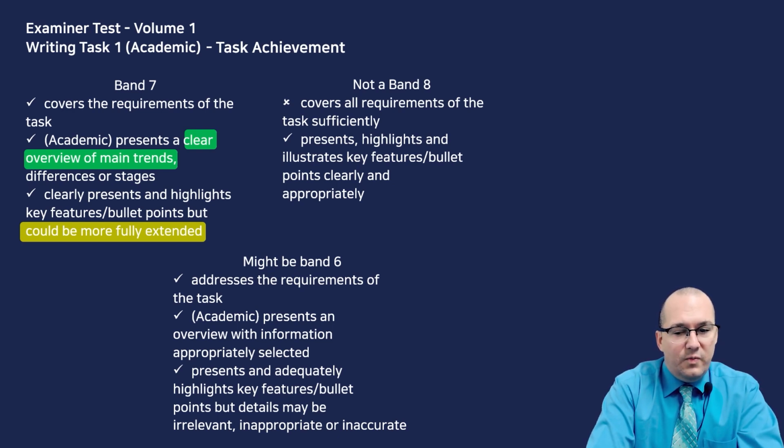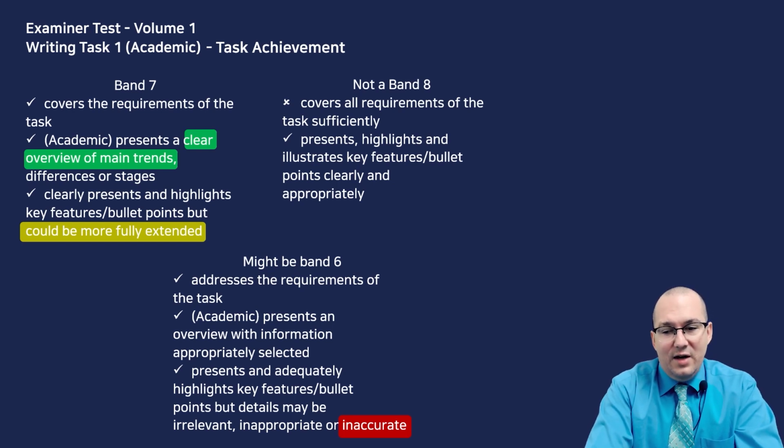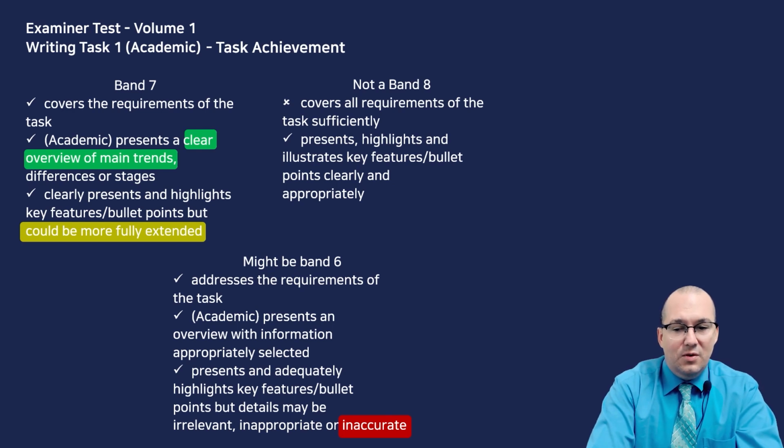Now, the really dangerous thing is it might be band 6, okay? It might be band 6, and you can see that I've highlighted inaccurate. And that was going back to the first paragraph where the information wasn't recorded well enough. Now that would be for a much stricter examiner. I do think that there was enough information given for a band 7, but again, you have to be careful.